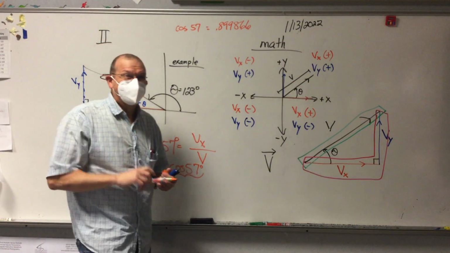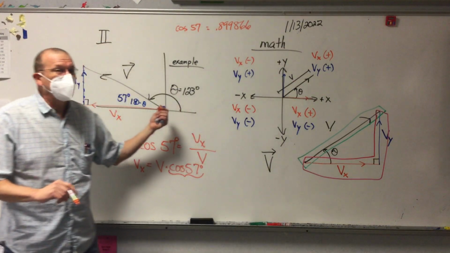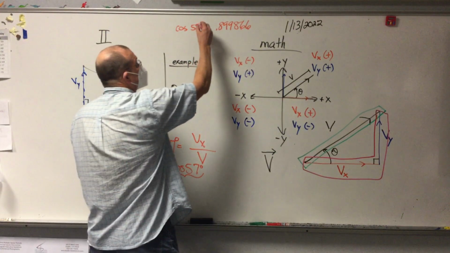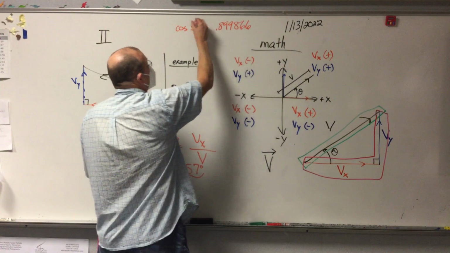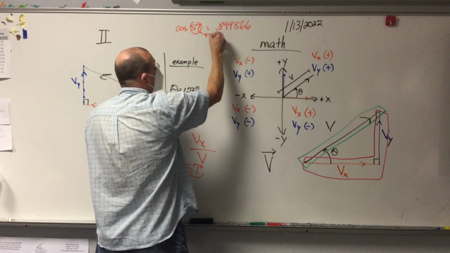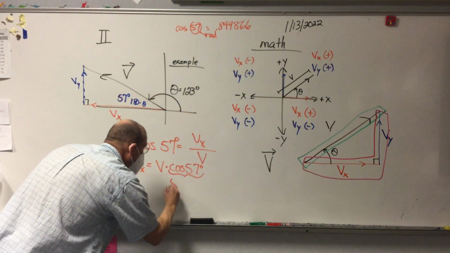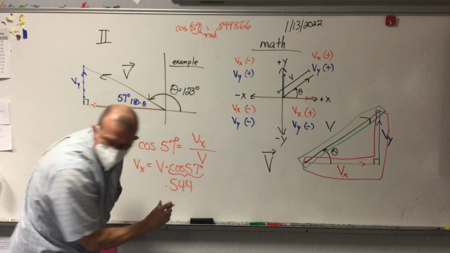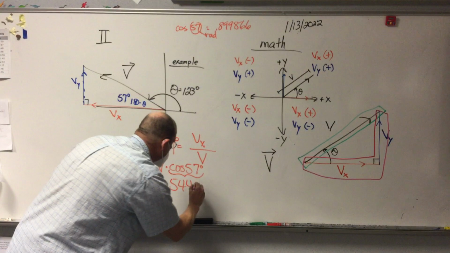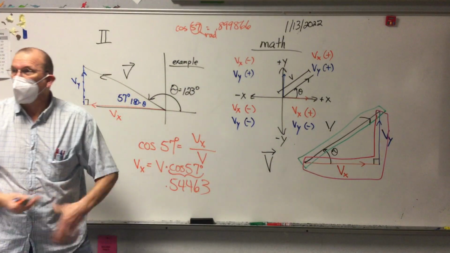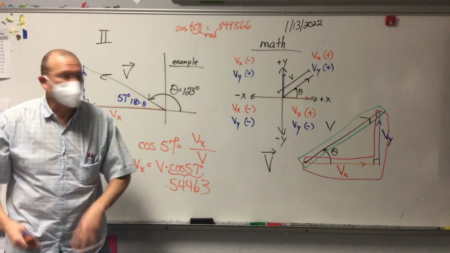Ah, you got it. We don't do radians. We do degrees. So this is 0.54463. Okay, so one thing to remember, and I'm not putting it up here.